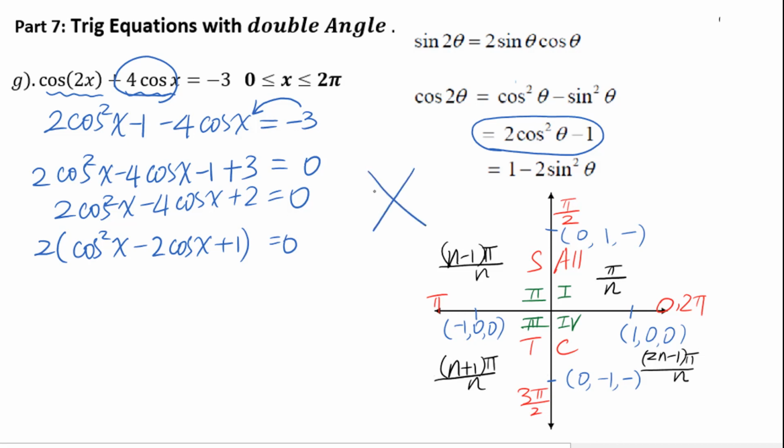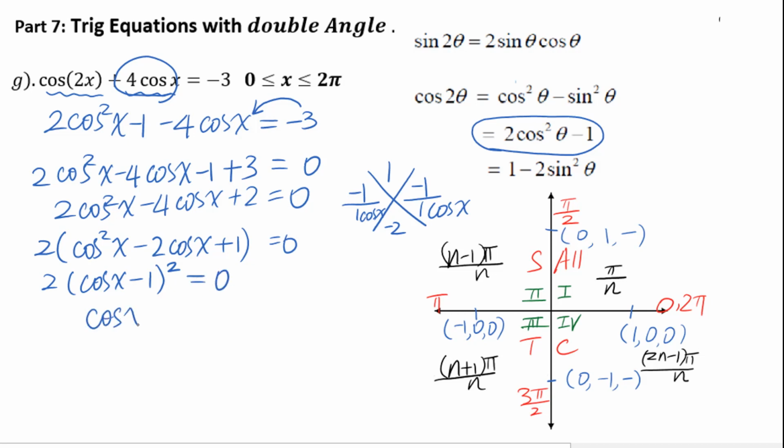Cosine square x plus 2 cosine x plus 1 equal to 0. So we go to ninja x. 1, 1, 1. Then here is 2. So we get 1, 1. Your variable is cosine x. So you get cosine x plus 1 times cosine x plus 1, that's cosine x plus 1 squared equal to 0.